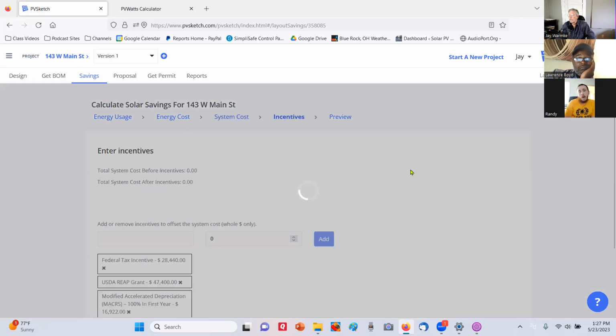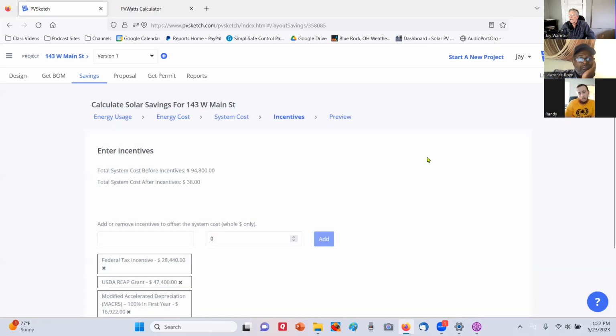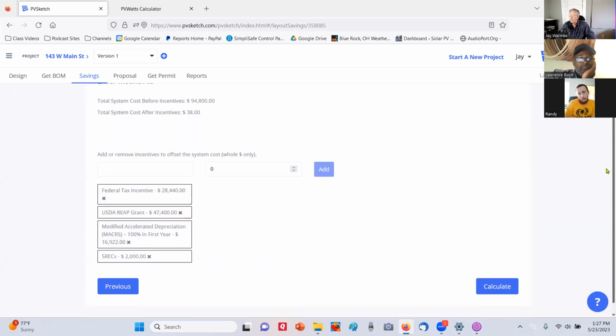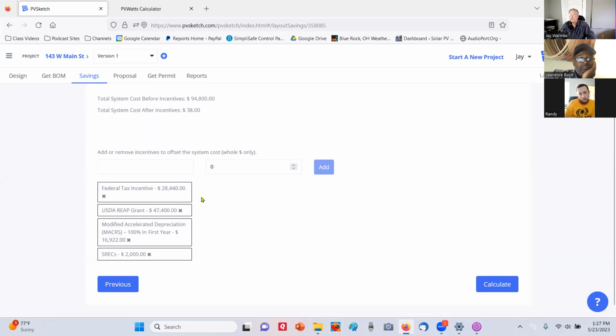Then you go in with the federal and with the different tax incentives. And in this case, the 30% tax credit, assuming this company pays federal income taxes, is going to be $28,440.